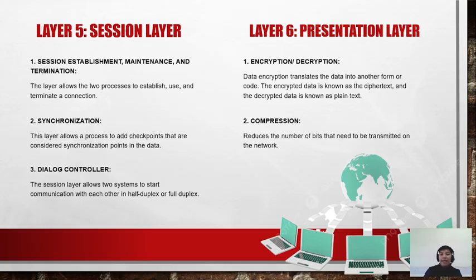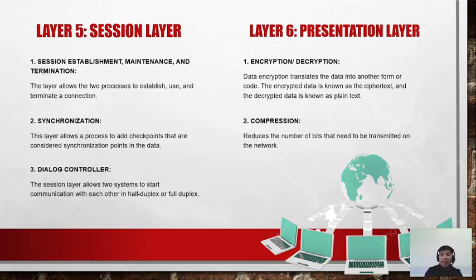When the compressed data arrives at its destination, it is decompressed back to its original size and form. Together, encryption and decryption and compression ensure that data is both secure and efficiently transmitted across networks.